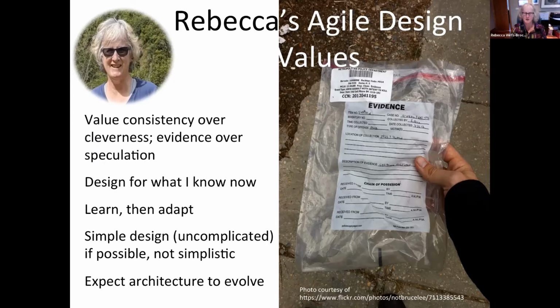I just like to design for what I know now, and learn and adapt. But I want to have simple designs, but not too simple. And so that's actually where I find my values are slightly different than people I work with. And I expect things to evolve, but just not radically change all the time.